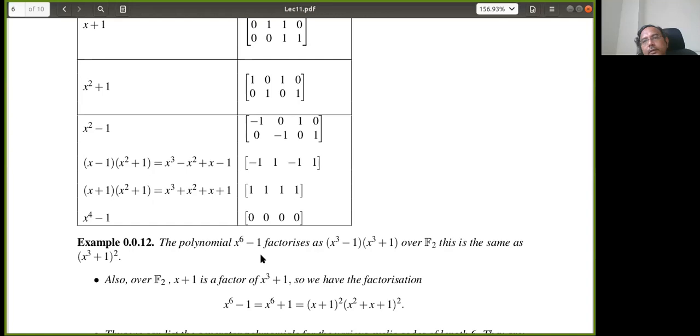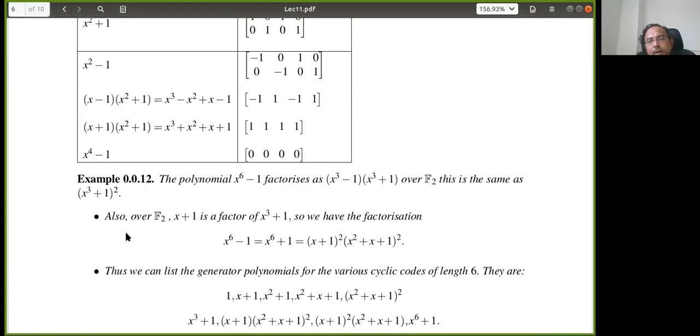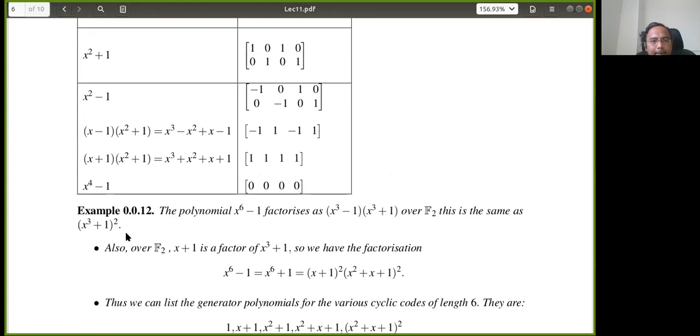Sir, I'm not able to link that. The earlier example was understood because of the Euler phi function, but this is not the Euler function. Nothing to worry about that. What are the factors of this polynomial?